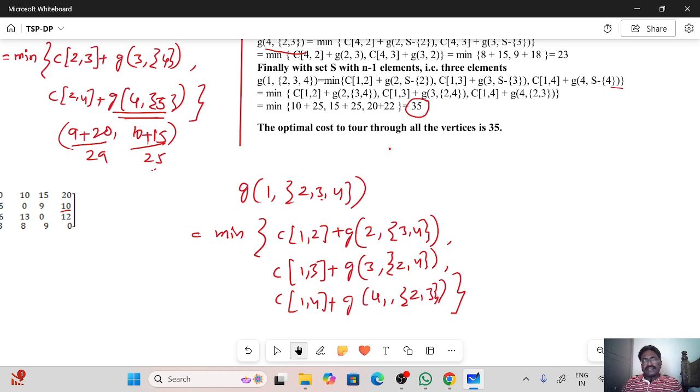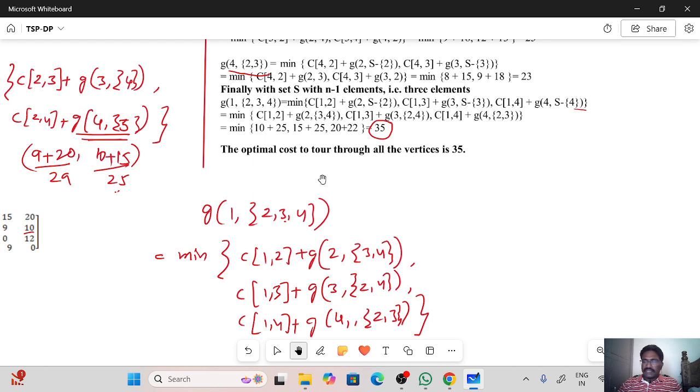We know the answer, but we want to find the solution. In other words, in which way it gives the path. So, my dear, check it. The 35 is given by which equation? Observe, 20 plus 22 is 42, 15 plus 25 is 40, 10 plus 25 is 35, which is the first one.